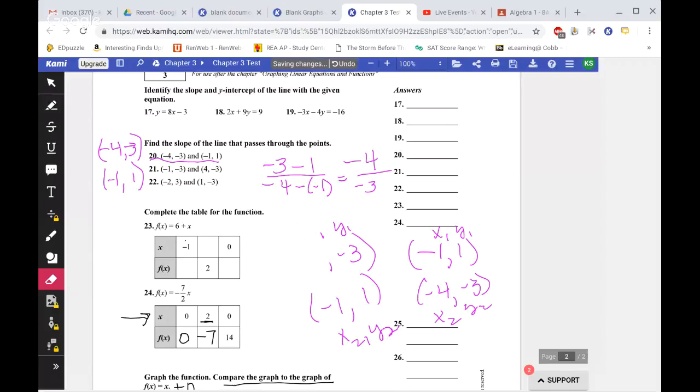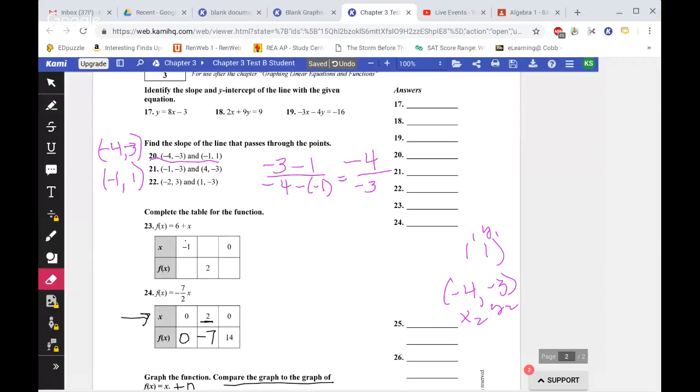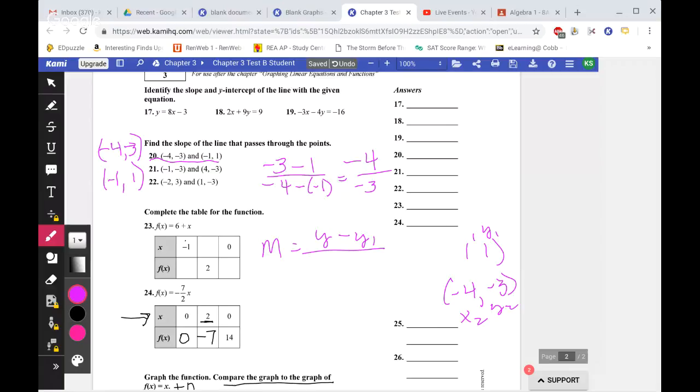The slope formula is Y2 minus Y1, and then over X2 minus X1. So basically it looks like this. But some people just do it like this.